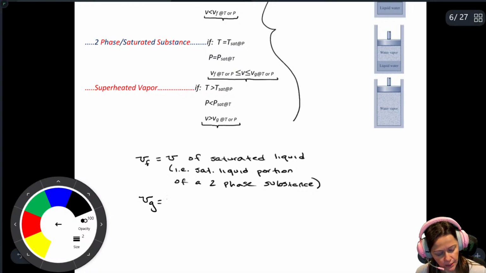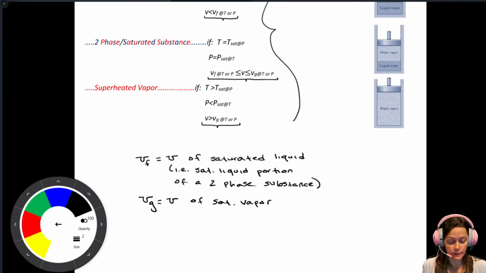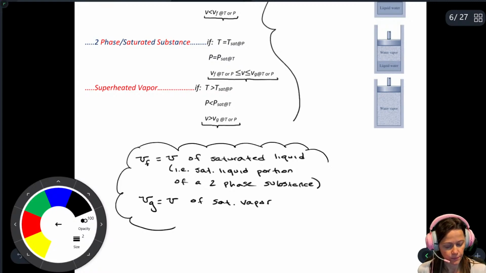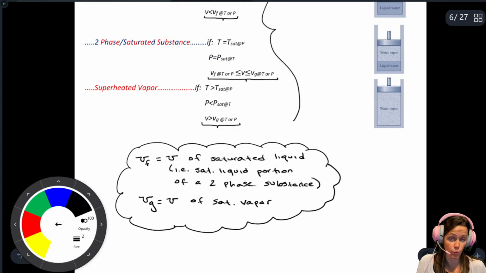Your V sub G is the same thing, but just for the saturated vapor portion of that two-phase mixture, because you may have some saturated liquid in there as well. And we're going to flip over to our saturated tables for water, tables A2 and A3, and see where you can get that information.